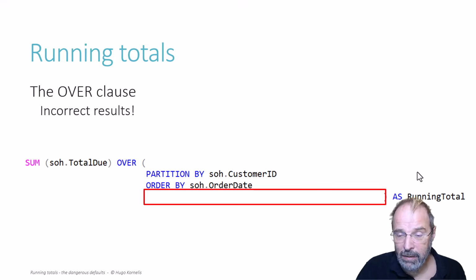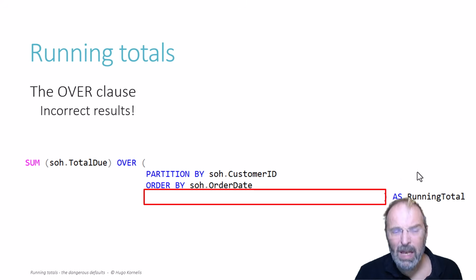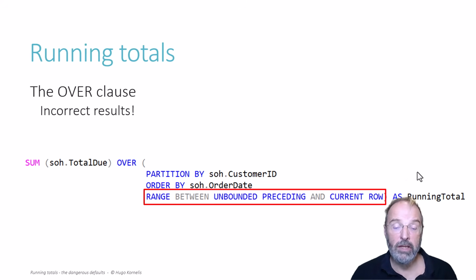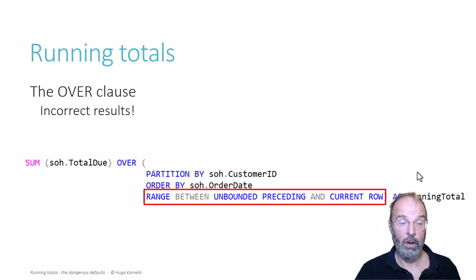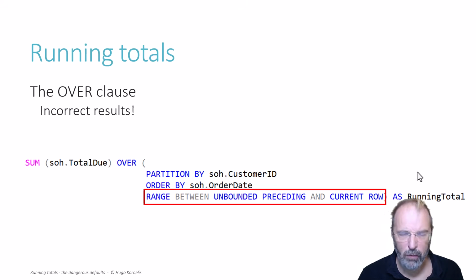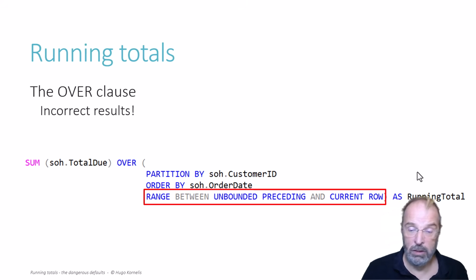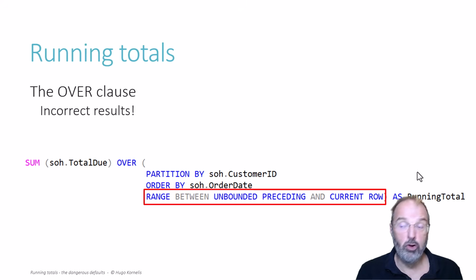So like I said, we are relying on a default here. And that default is the range specification range between unbounded preceding and current row. If you use an over clause with an order by and with nothing else, then SQL Server will always assume that you meant a range between unbounded preceding and current row.